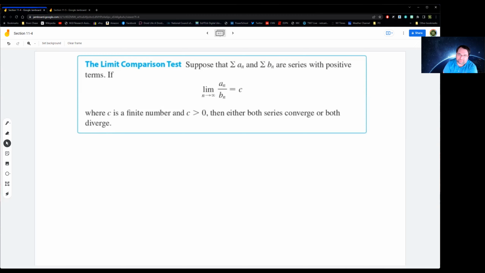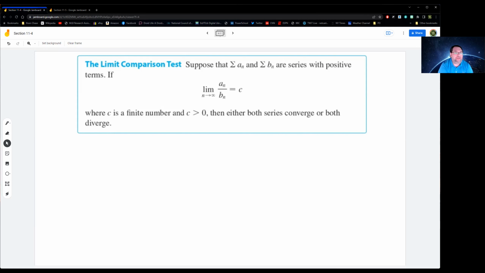As long as the limit of that goes to a specific number, it doesn't matter what that number is, as long as it's greater than 0, which makes sense because they're both positive. It has to go to a specific number, not to infinity.